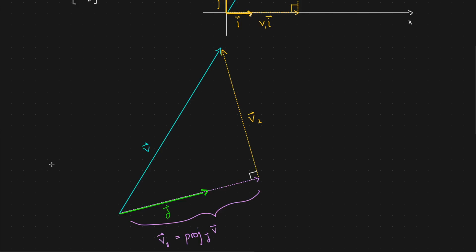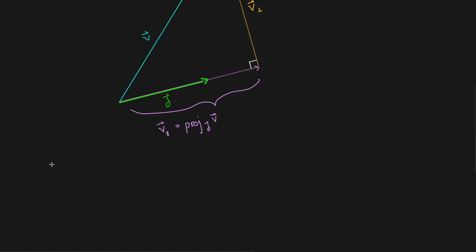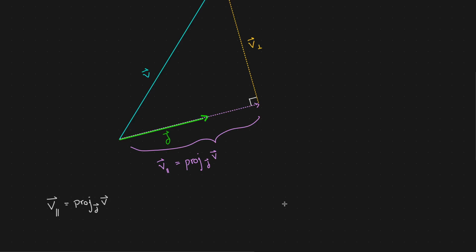So now let's go through the process of actually finding a formula for calculating this projection vector. A couple observations are going to help us here. First, the projection vector we're looking for is pointing in the same direction as vector d.